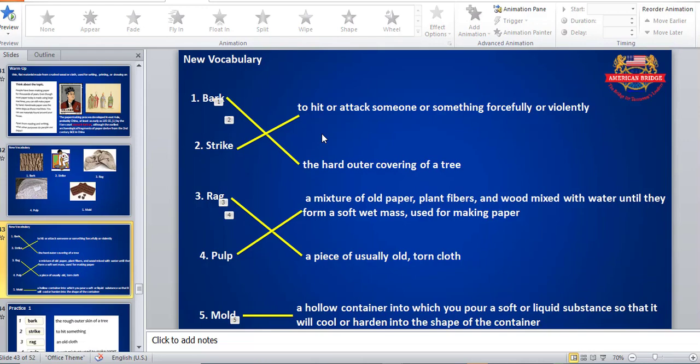And the last one, mold, means a hollow container into which you pour a soft or liquid substance so that it will cool and harden into the shape of the container.